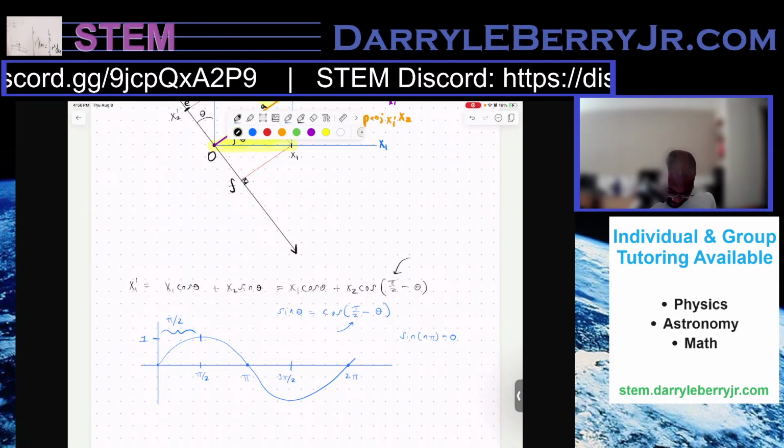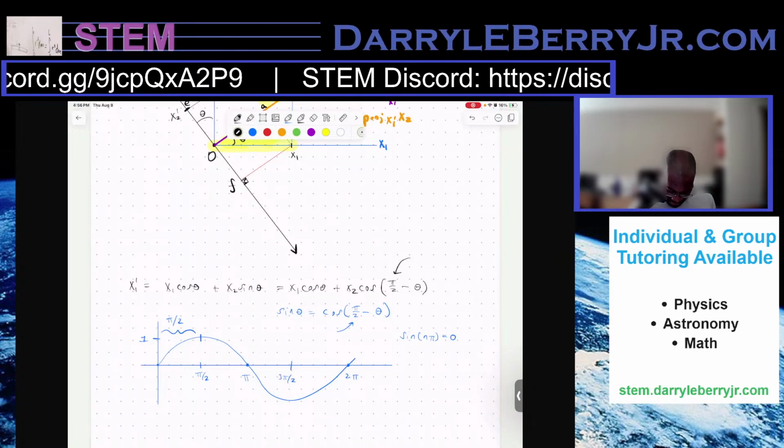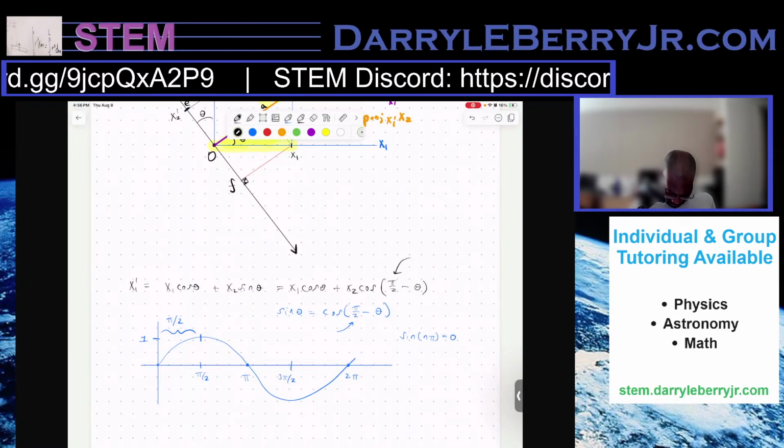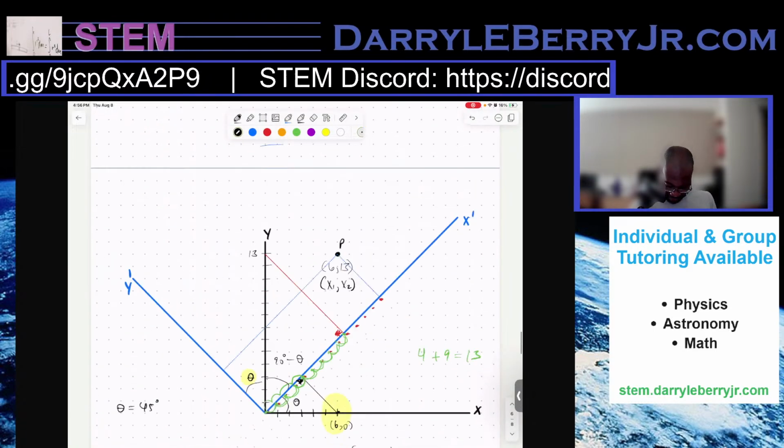If we add pi over 2 and take cosine, it gives us the same value as sine. I'll still have to look at that.